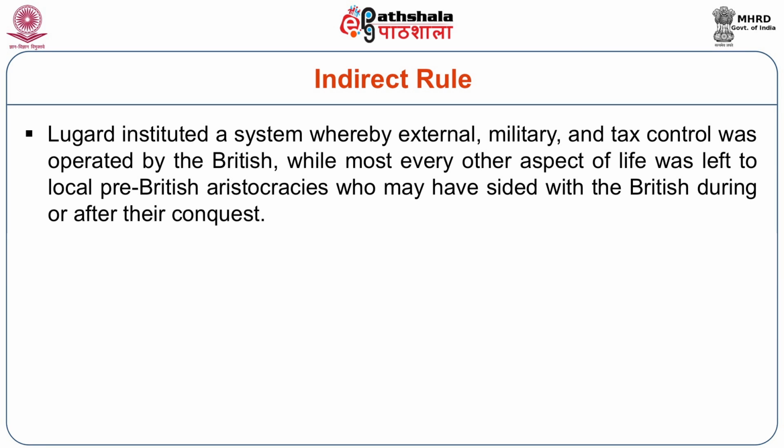Lugard instituted a system whereby external military and tax control was operated by the British, while almost every other aspect of life was left to local pre-British aristocracies who may have sided with the British during or after the conquest.